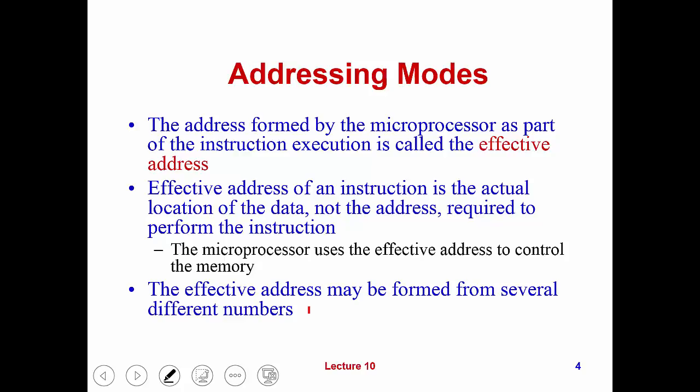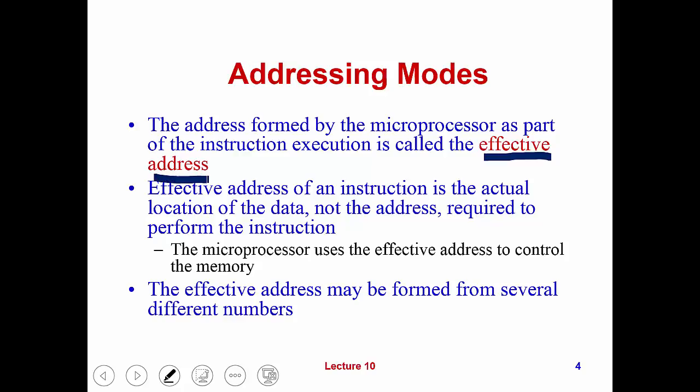So this is where we come to the so-called effective address. What is the effective address? As I mentioned to you before, the effective address is the address formed by the microprocessor as part of instruction execution.